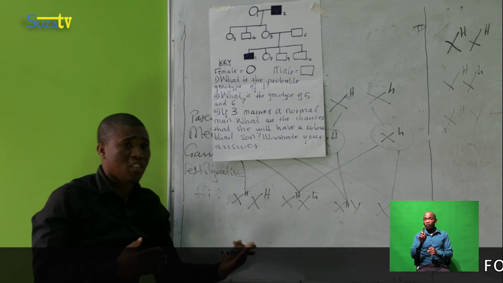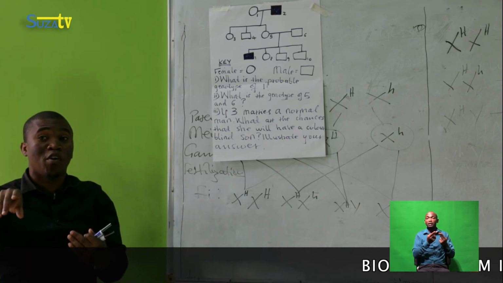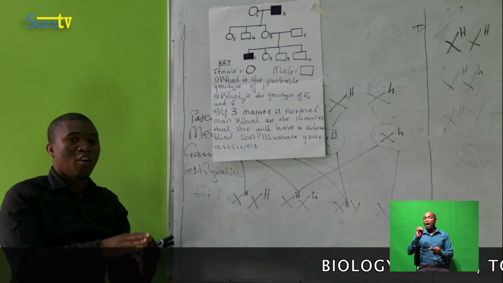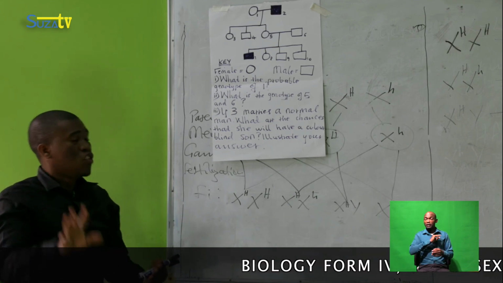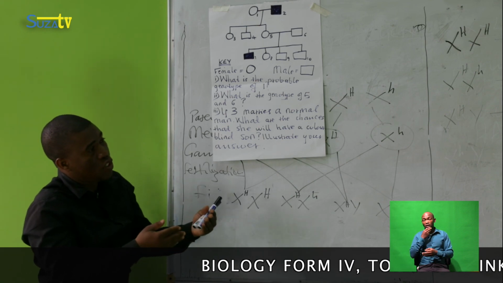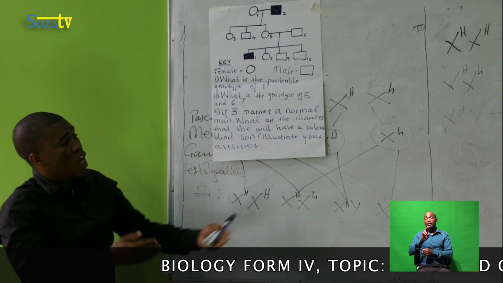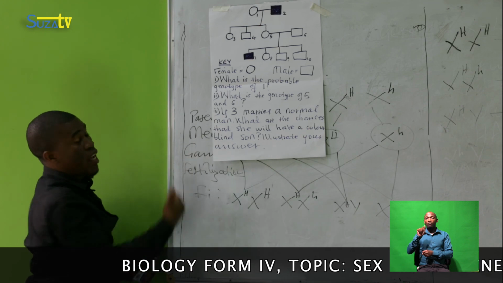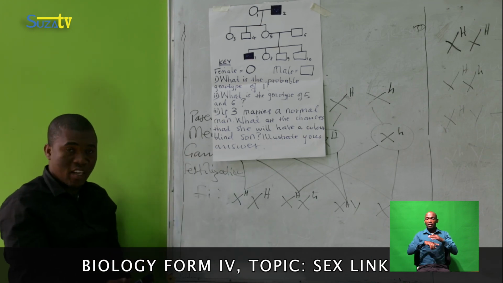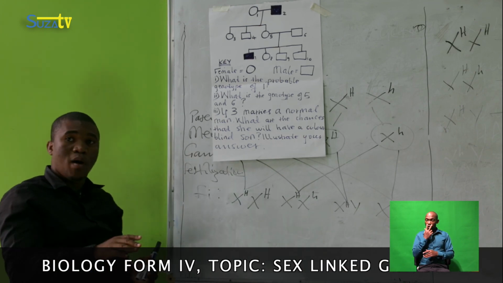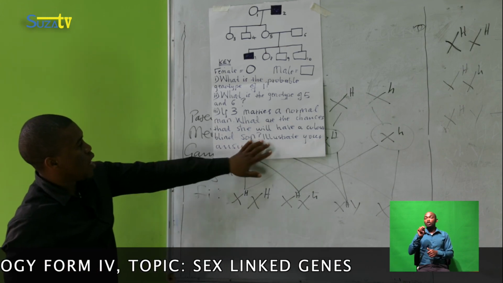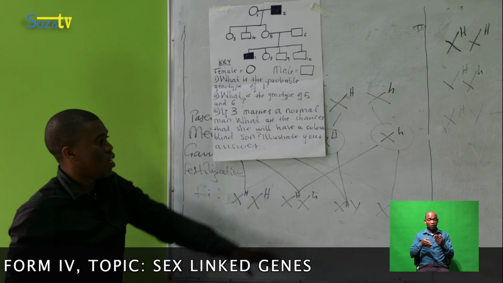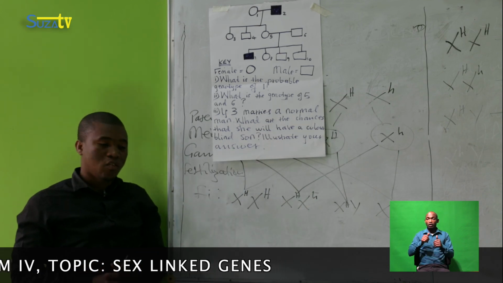Color blindness is similar to hemophilia. All of them are sex-linked traits in man. So as we did in hemophilia, you shall do for color blindness. All are controlled by recessive genes. And lastly, you will illustrate your answer.